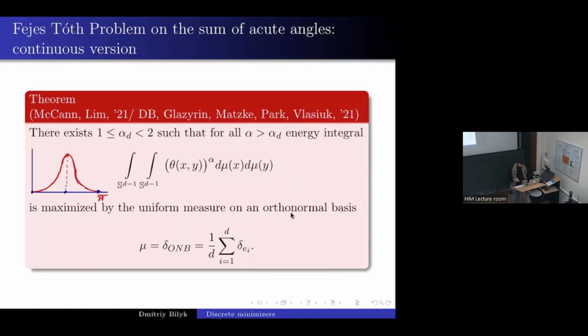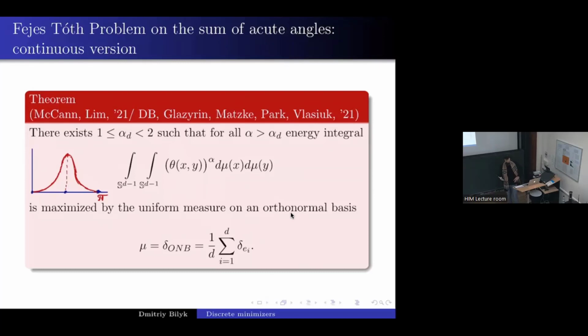Actually, this result has an interesting history. It was done initially by McCann and Lim. They posted a paper on the arXiv where they proved that it holds just for alpha large enough. Then myself and my collaborators, Alex Glazyrin, Ryan Matzke, Josiah Park, and Alex Vasiuk, noticed that paper.